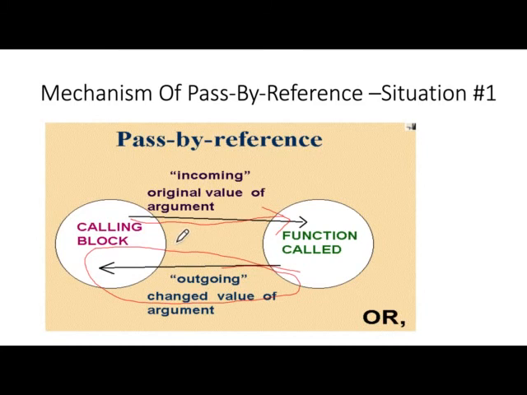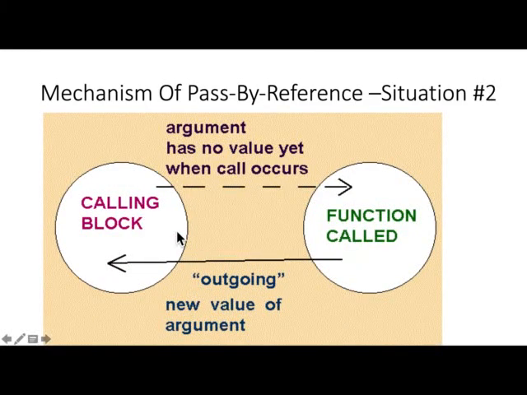But there's one more situation that can have pass by reference. It does allow you to not put a value in the incoming variable. That will be something like this. That argument has no value, it's just a placeholder. Now in this case there could be garbage in there. You know, garbage is never allowed in the pass by value, but in pass by reference you can have an unpopulated variable.